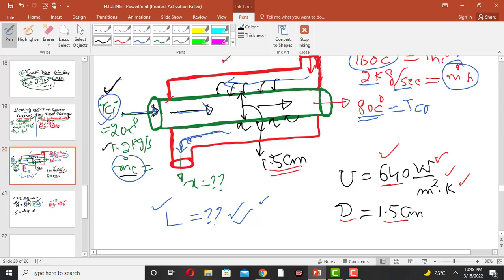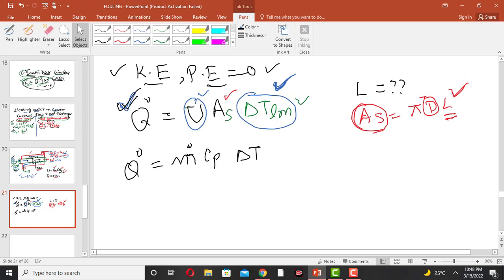So the heat gained by the cold water inside the tube will be given by the mass flow rate of the cold water, into the specific heat of the cold water, into the temperature difference.